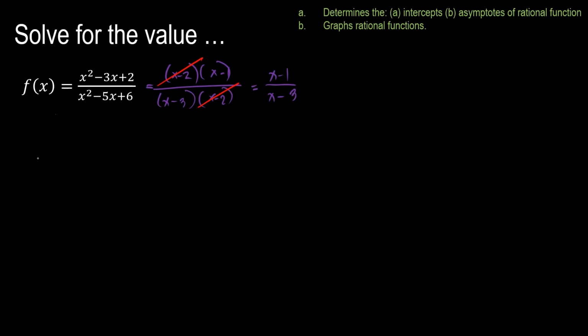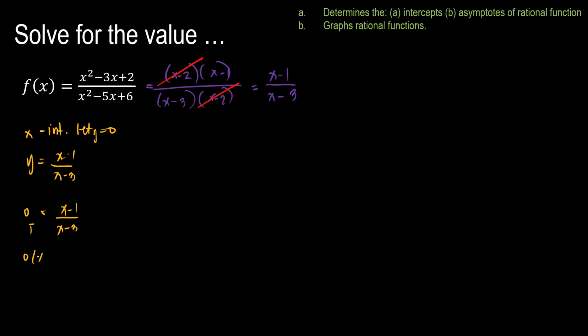Okay? So let's get the x-intercept. Given that y is equal to x minus 1 all over x minus 3, we let y is equal to 0. So 0 is equal to x minus 1 all over x minus 3. Do the cross multiplication.